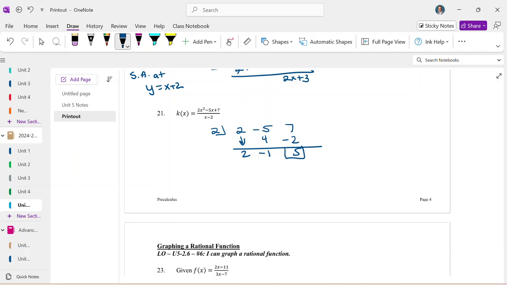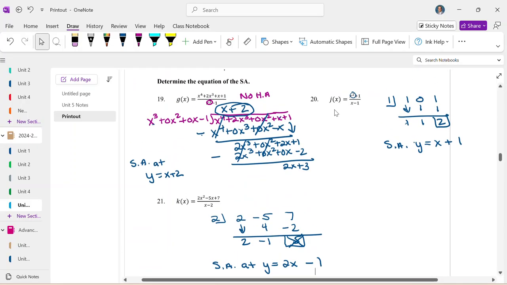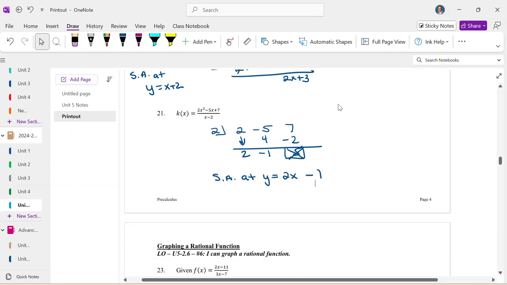So remember, this is the remainder. For the slant asymptote, the remainder doesn't matter. So here the slant asymptote is at y equals 2x minus 1. All right. So that's how you find a slant asymptote if there is no horizontal one.